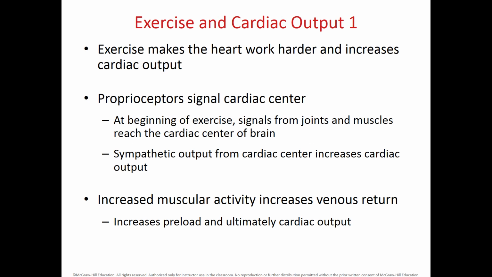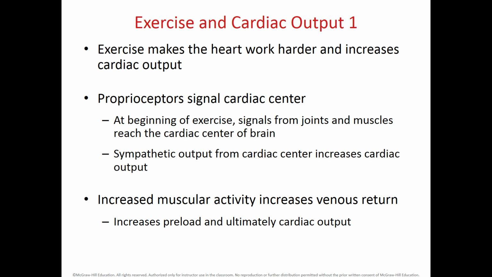Okay, so what is the relationship between exercise and cardiac output? Exercise makes the heart work harder because you need more oxygen. As your cells become more active, you require more oxygen, and exercise will increase your cardiac output.